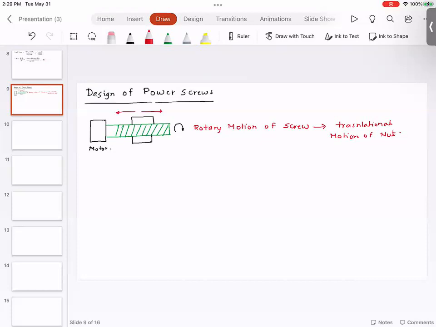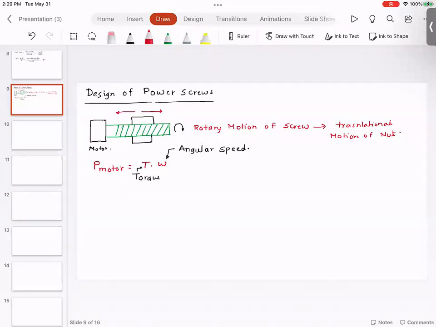What that means is, if you think about the power of the motor, it is given as T multiplied by omega, where T is the torque and omega is the angular speed, or angular velocity.